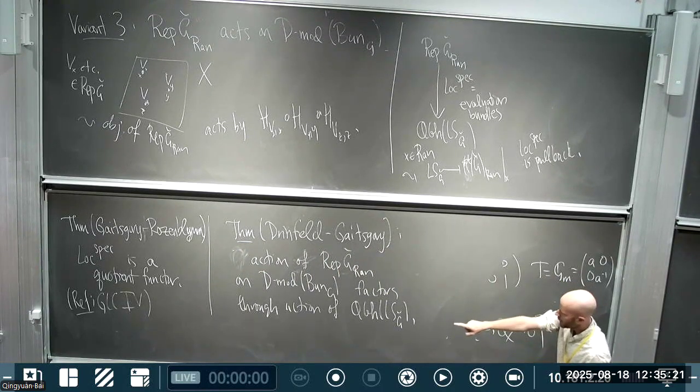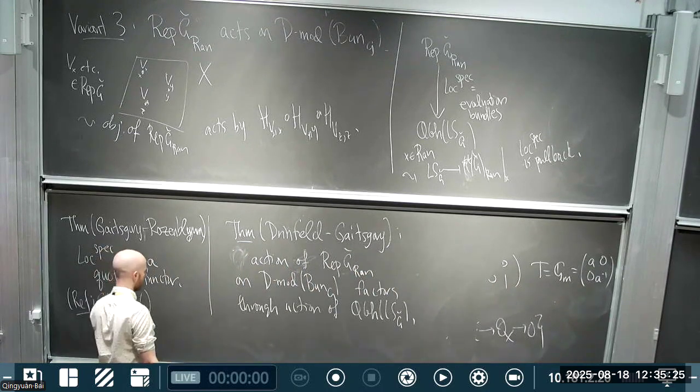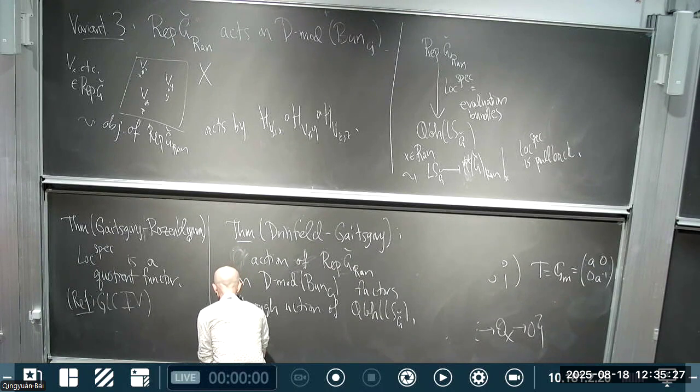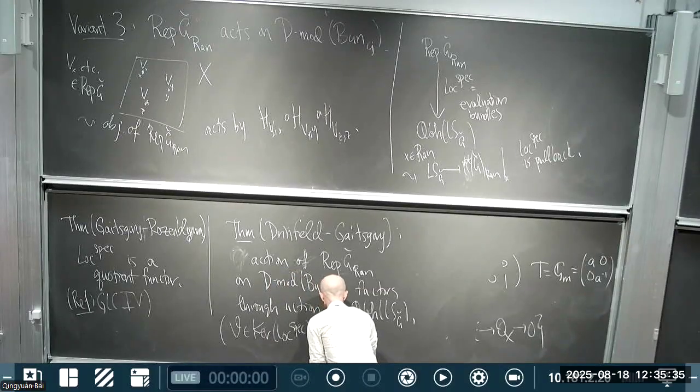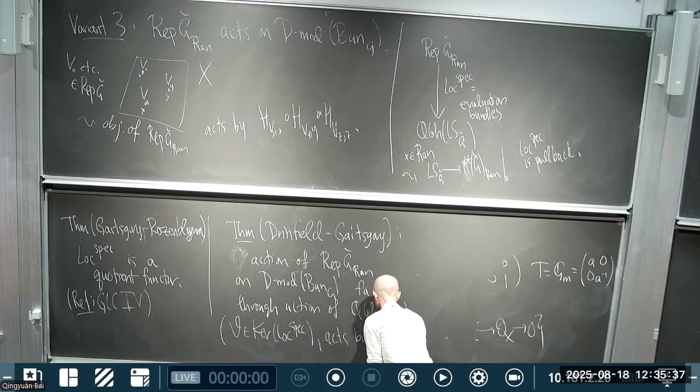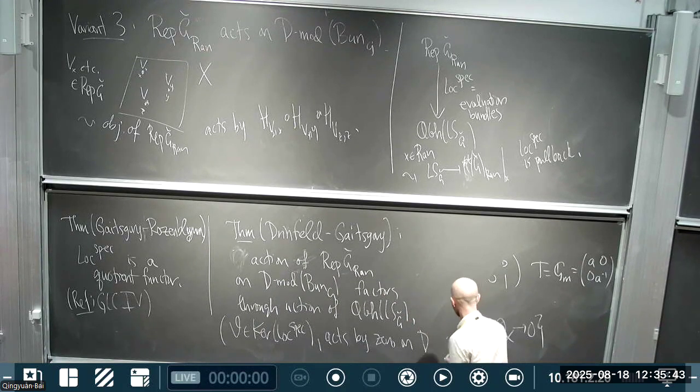Which is a property, not a structure. It's a property because this is a quotient functor. So this means that if you have some object, like script B, in the kernel of this Loc spec, it acts by 0 on D-modules on Bun G.